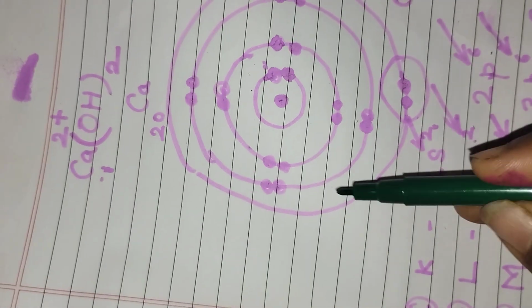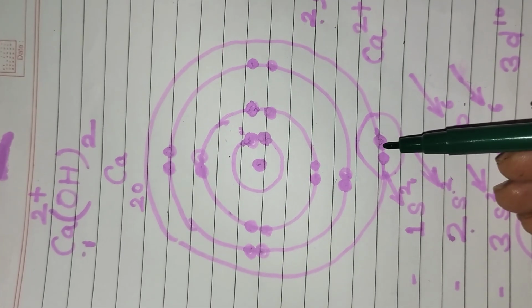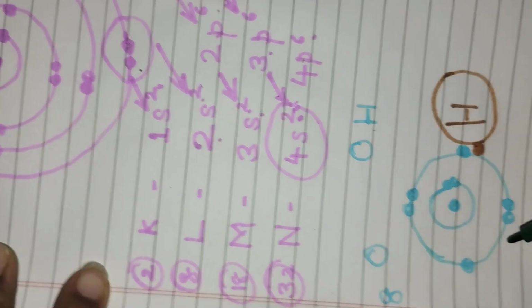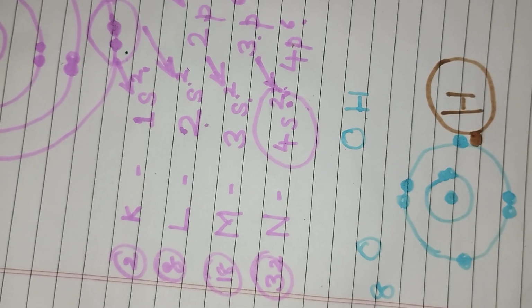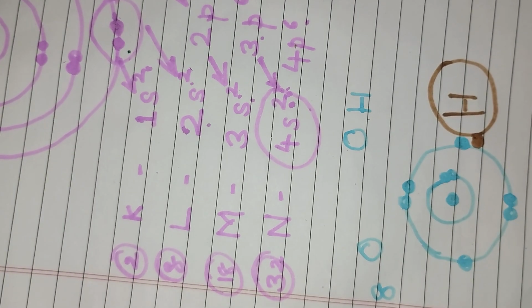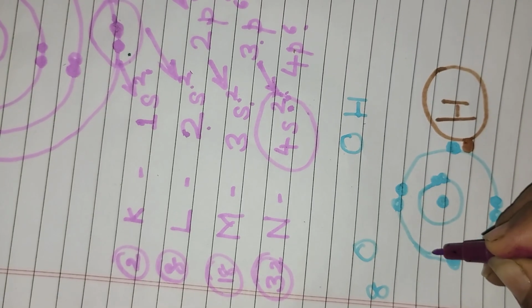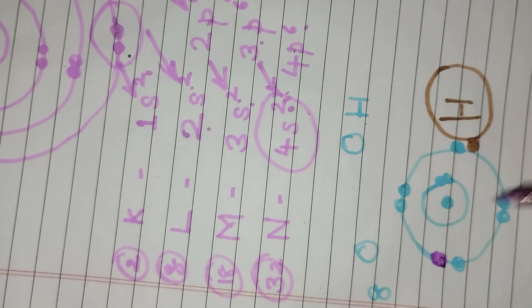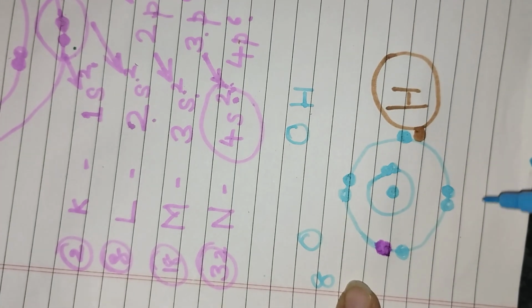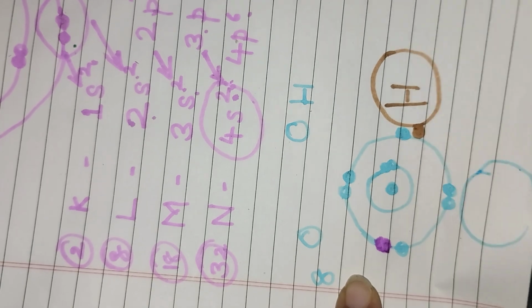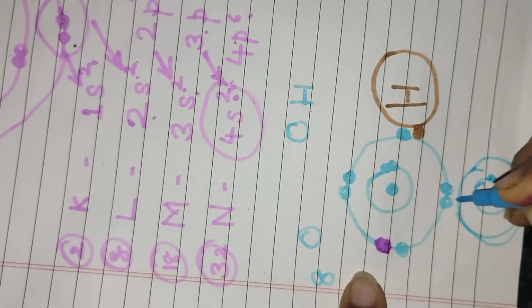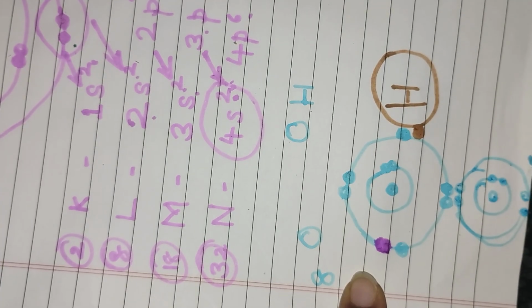But our calcium tends to give 2 electrons. A single calcium atom gives 2 electrons. So these electrons will be given to oxygen in order to form a hydroxyl ion. So where does this electron come from? It comes from calcium. Calcium tends to give 1 electron. So what do we require? We require 1 more hydroxyl ion, which will accept 1 more electron from calcium.